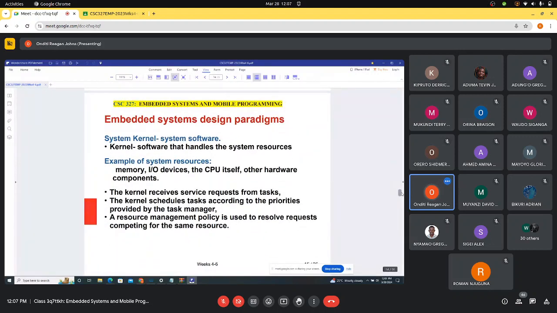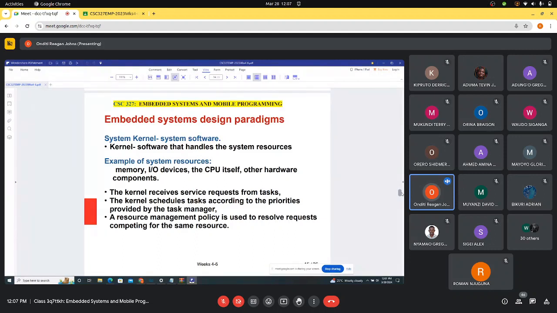System kernel. The kernel is system software that handles the system resources, correct? So what are the system resources? The kernel sits right at the center of the processor, and kernels can actually be reprogrammed.